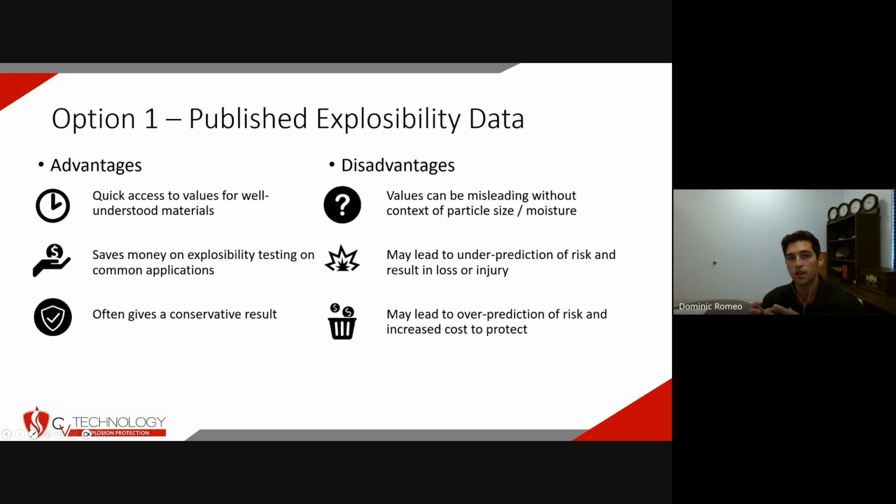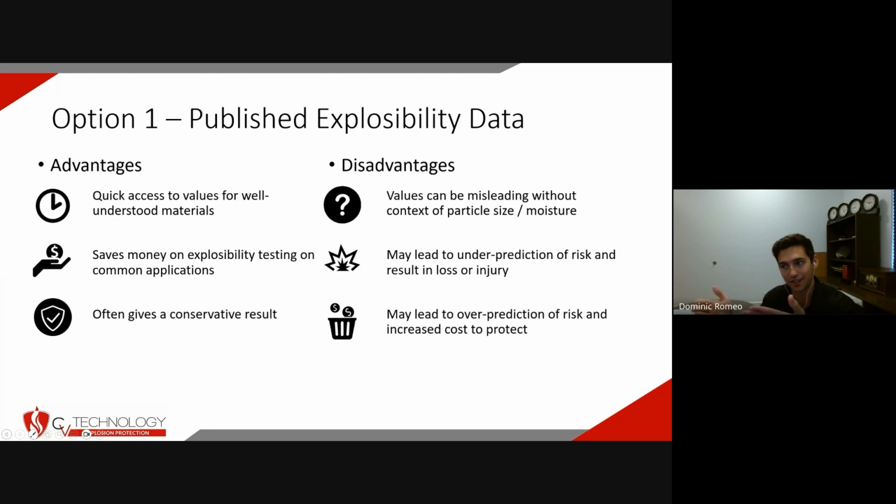And this is because what I was mentioning earlier with particle size and moisture content really determines how dangerous your dust is. So if they published data with a high moisture content and a very large particle size, it might not be applicable to your process.